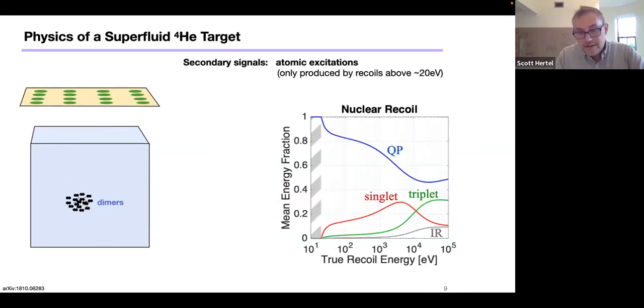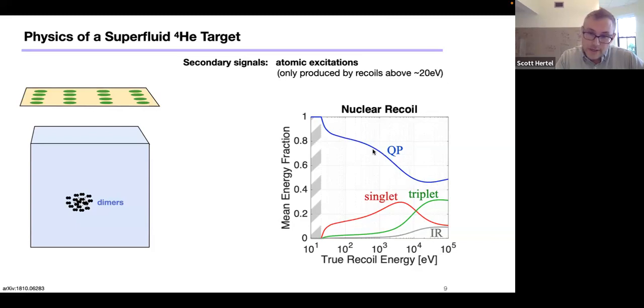There's a secondary signal. I don't think of the atomic excitations as the primary signal because we're looking for sub-eV signals, and these atomic signals are only produced for recoils above this 20 eV scale.